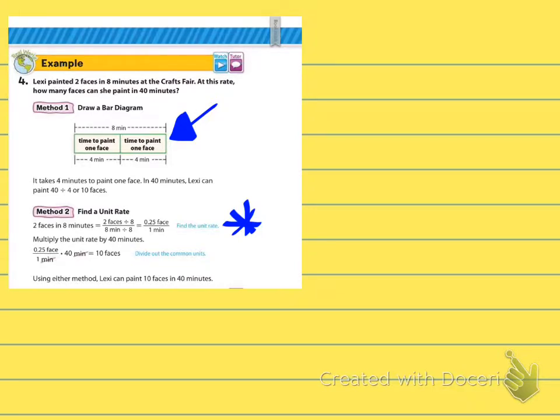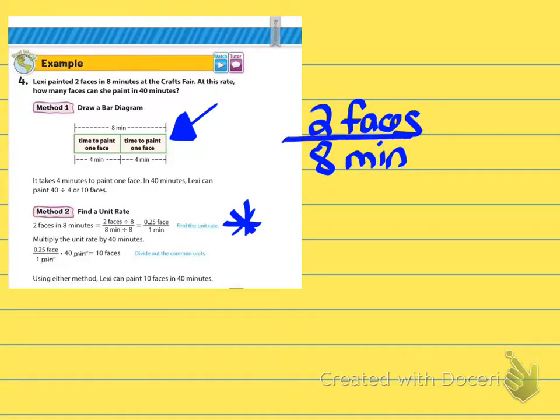So the easiest way to do this is this. Figure out how long it takes her to paint one face, because it says here she paints 2 faces in 8 minutes. So if she does 2 faces in 8 minutes, to figure out how many faces she could paint in 1 minute, I know this seems weird, you're still going to divide by 8.